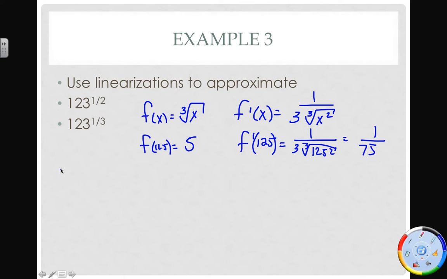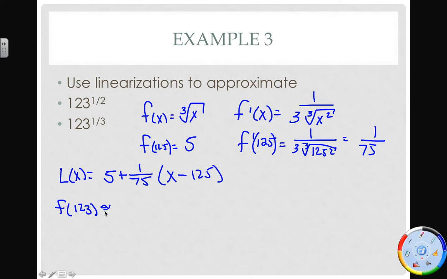And then we just do our process again. L of x is 5 plus 1 over 75 times x minus 125. And then I want to know what's the approximation for f of 123, which is close to the linearization of 123, which is 5 plus 1 over 75 times 123 minus 125.